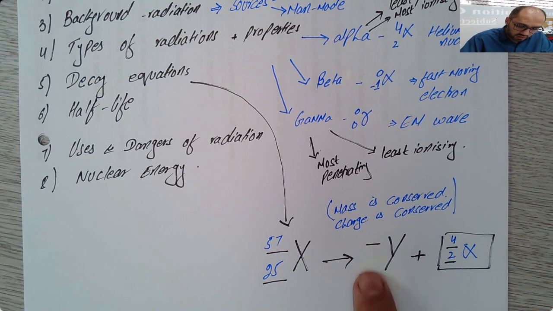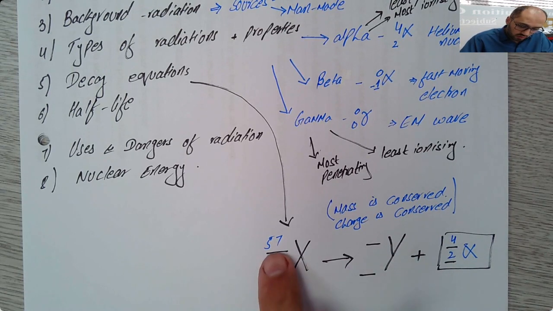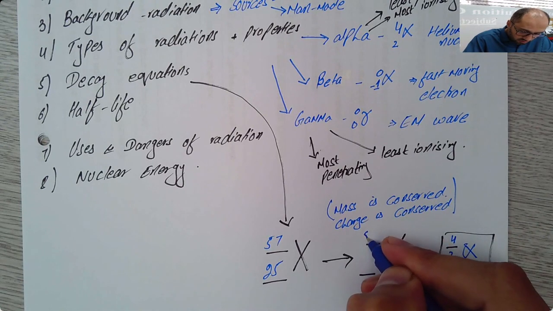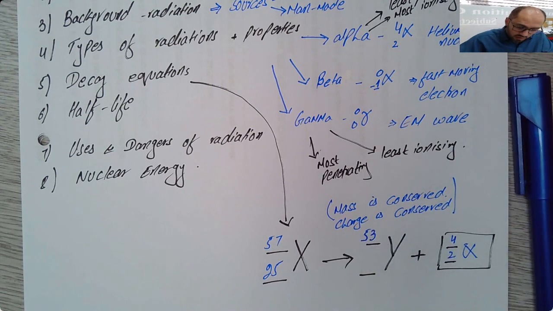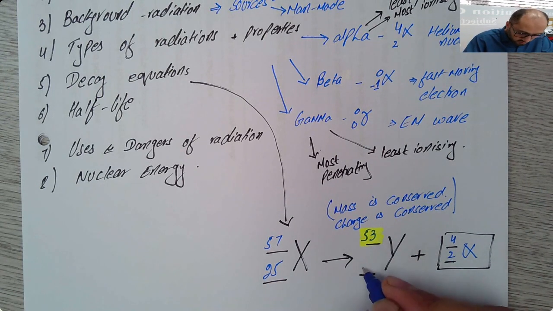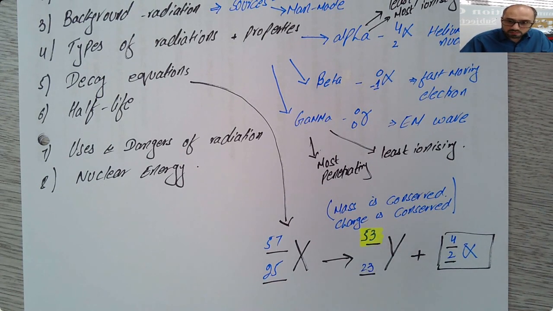They'll ask you to find these two numbers out. So I can do 57, take away 4 will give me 53. Now if you look, 53 add 4 will give you 57. So the total on the right side is same as the total on the left. Here is 25. Out of this 25, 2 is gone. I'm left with 23. Now if you add the bottom numbers together, you will see they add up to 25.